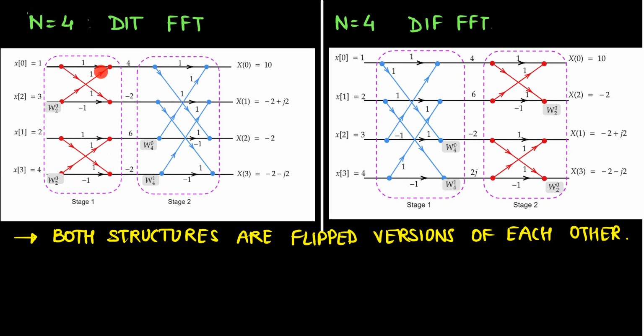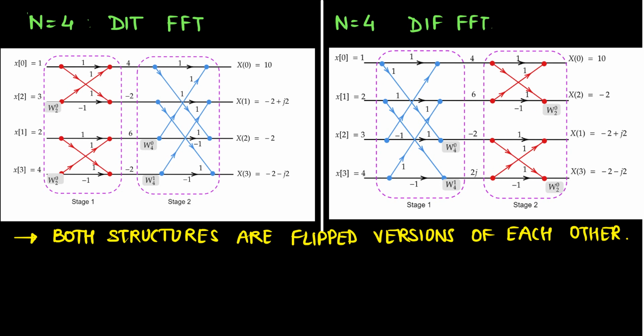Moreover, in stage 1 we have 2-point DFTs, that is we are combining consecutive 2 points, and the twiddle factor we are considering is W2 to the power 0. Similarly, in this DIF FFT, the last stage, stage 2, has the 2-point DFT with twiddle factor W2 to the power 0, that is, we are grouping the consecutive 2 points like this.